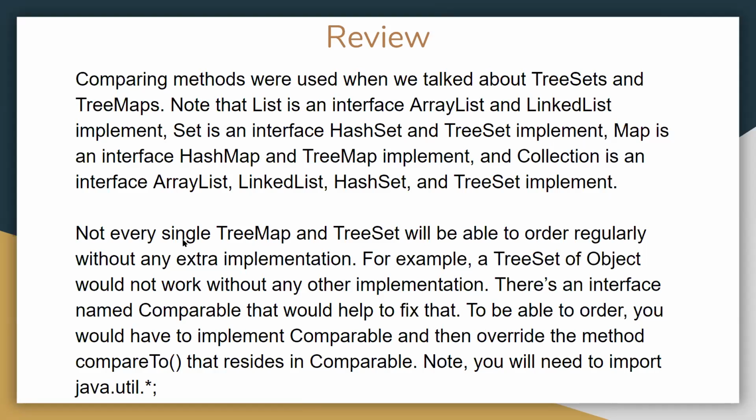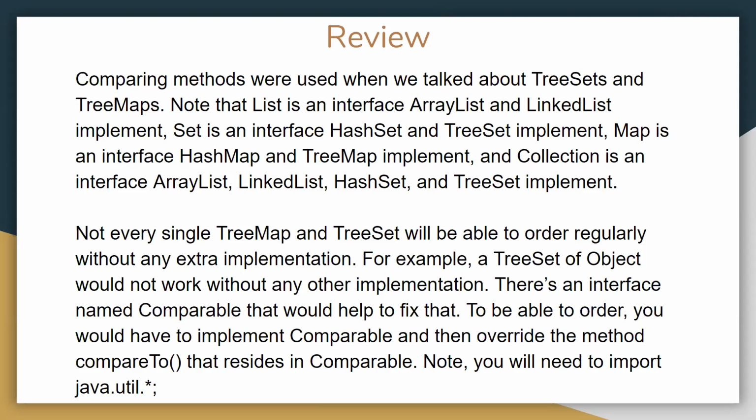Anyways, usually when we went over tree map and tree set, it was able to order basically everything, strings and integers. It was all able to order that. But just keep in mind that not every single tree map and tree set will be able to order regularly without any extra implementation.